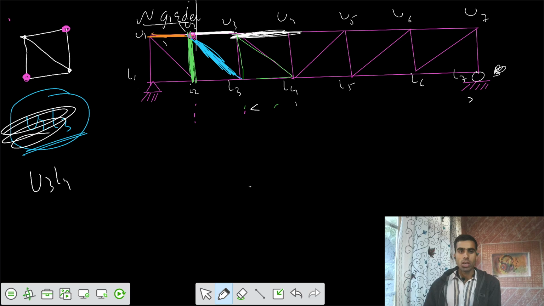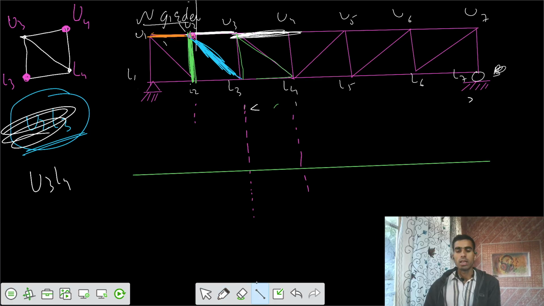If this was U3, L4, then this location is L3 and this one is U4. So these two are the critical locations: one is your location L3, one is your location U4. Then finally, these two ordinates would be there, and the direction would be in the same fashion, in this way.